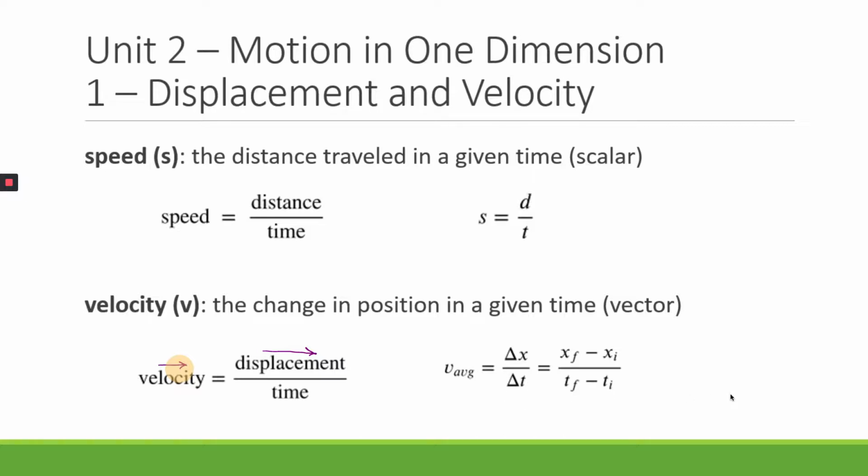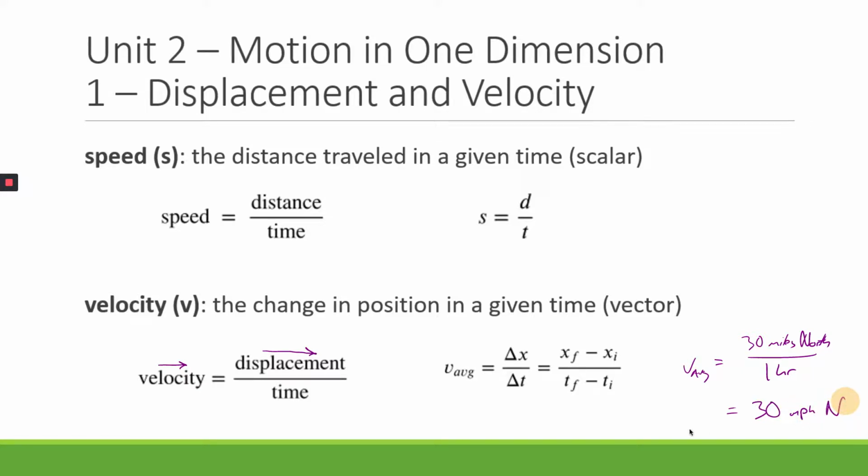So if I were to drive to Boston, Boston is 30 miles north, and it takes me 1 hour, then my velocity average would be 30 miles north in 1 hour. So 30 miles per hour north.